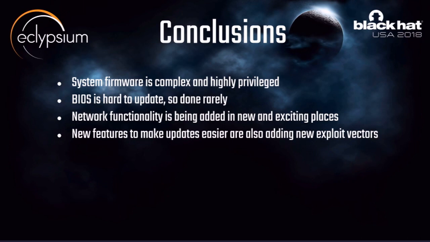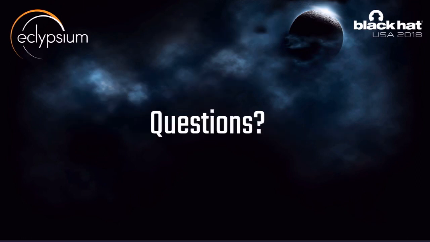It's hard to update, and a lot of people don't update BIOS, but this remote attack surface keeps showing up in new places that didn't have a network remote attack surface before, and now suddenly do. Part of that is just because of trying to fix the problem of doing system updates in the first place. People are adding new exploit vectors and new vulnerabilities to the system that didn't exist before.